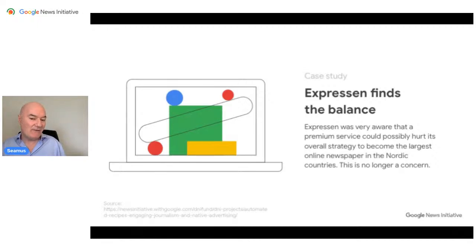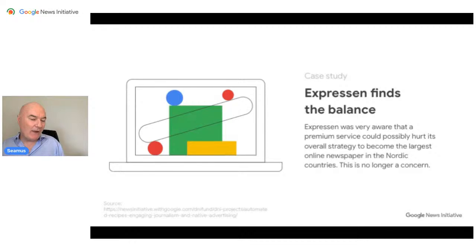Expressen followed actually in the footsteps of the German newspaper Bild, and also two of the largest newspapers in Norway. They also chose this freemium model. It's not going to suit every news publisher, but it could be an option to consider. We're seeing actually lots of examples of this now, really trying to go for this mix.